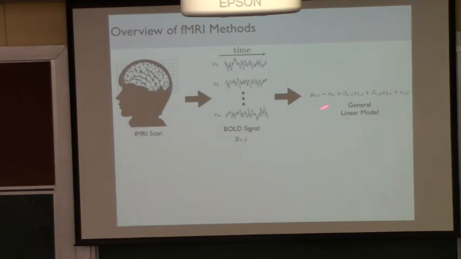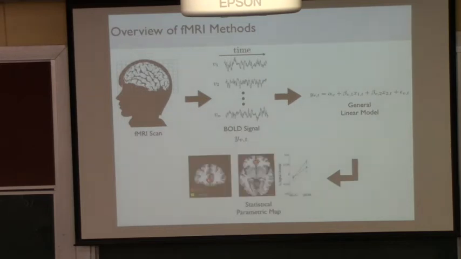Since you're doing this over the entire brain, this general linear model is over the entire brain, and you can then map these beta weights to different parts of the brain to see how brain activity responds to different task conditions. Okay? Does that make sense to everybody? So you're doing a general linear model or regression between neural activity and different task conditions, finding these regression weights, these betas, and mapping them onto different parts of the brain to figure out how they're related to different task conditions.